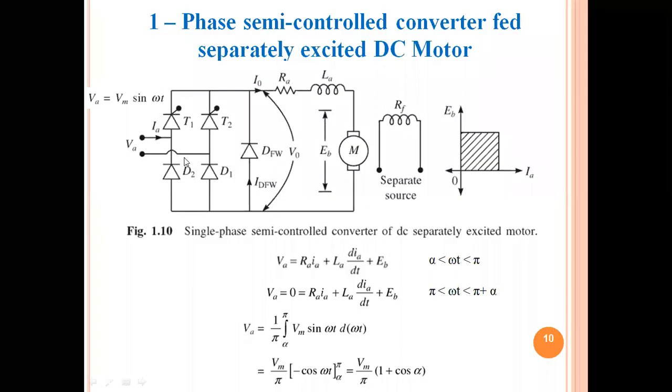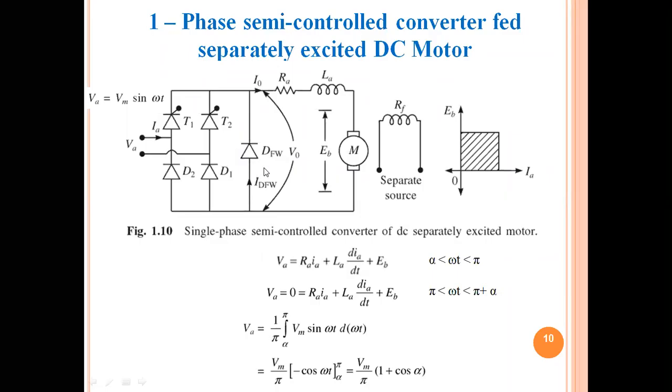By observing the circuit diagram, we can say that this semi-controlled converter has 2 thyristors, namely T1 and T2, and 2 diodes, namely D1 and D2, with a freewheeling diode in order to circulate the continuous current.